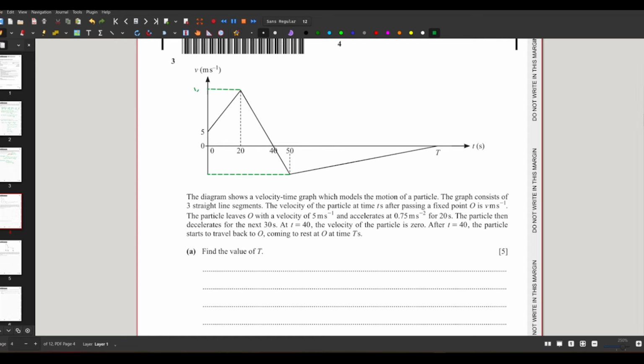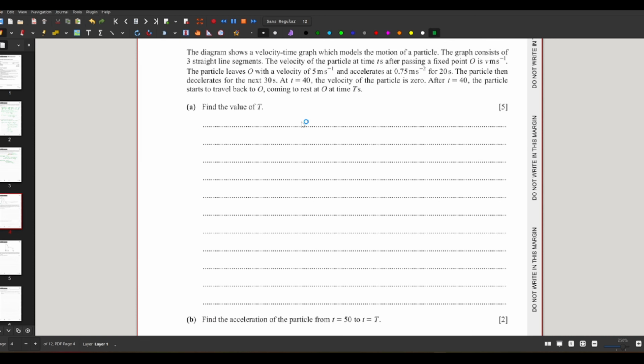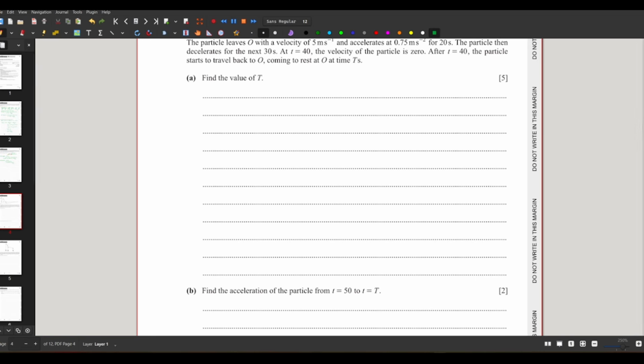Let's take this as v1 and this value as v2. So how can we find v1? Here you can consider the gradient of the first 20 seconds. The velocity at t equals 20 is v1.